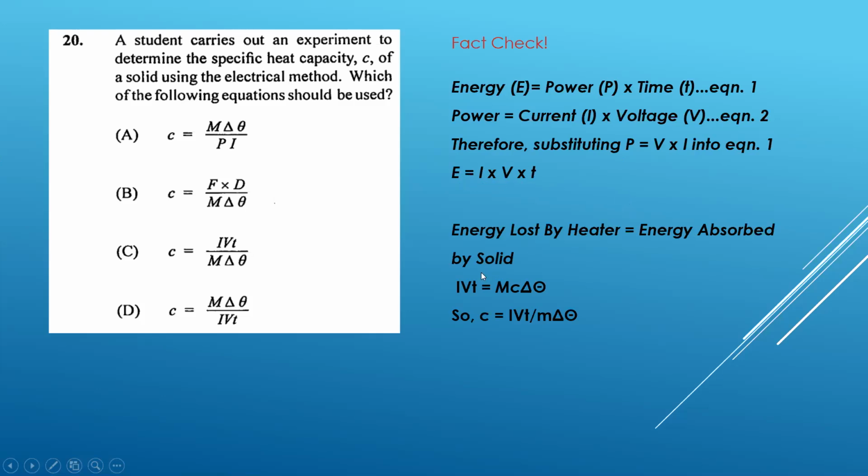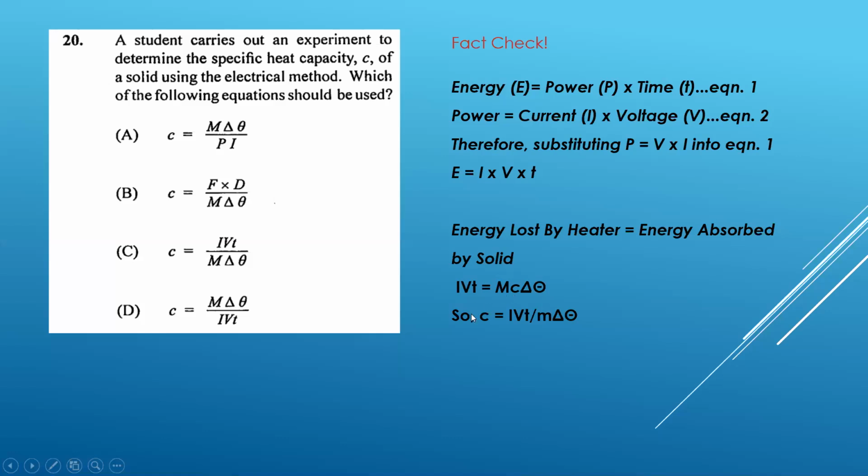Now, when we substitute this in the equation for finding the specific heat capacity, we will see that IVT is equal to MC delta theta. So then we make C the subject of the formula, and therefore C is equal to IVT divided by M delta theta.